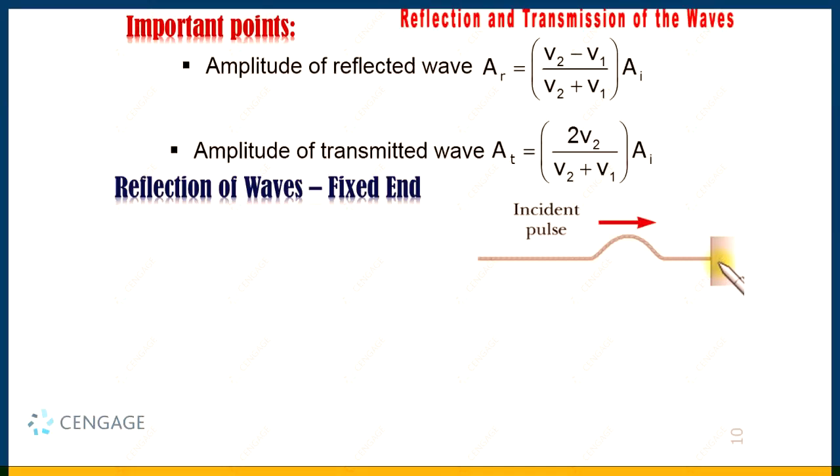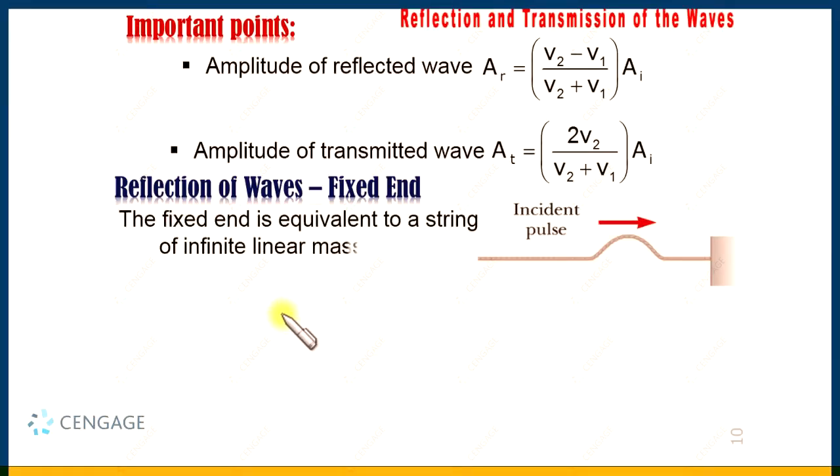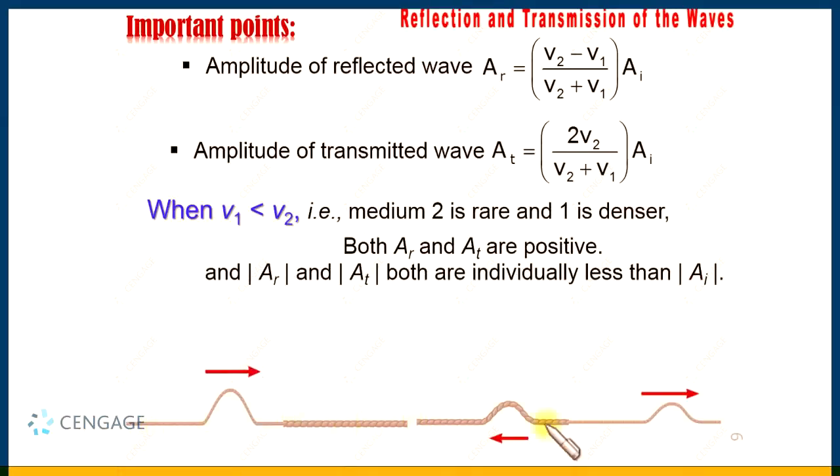Okay, we can consider this rigid support as another string having a very large density, that is mu tends to infinity. Okay, and we express the wave velocity v equal to square root of T divided by mu. So you can take this string as the first medium and this fixed support as the second medium, same as these two strings, right?